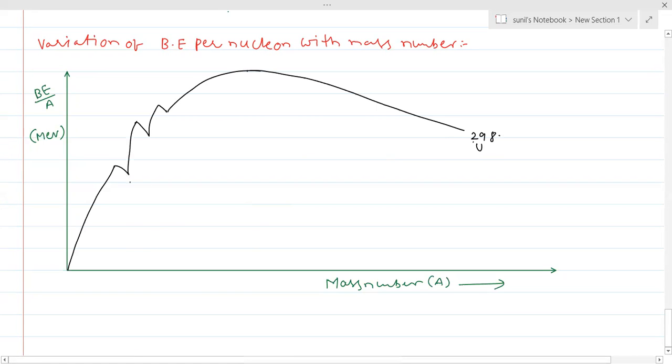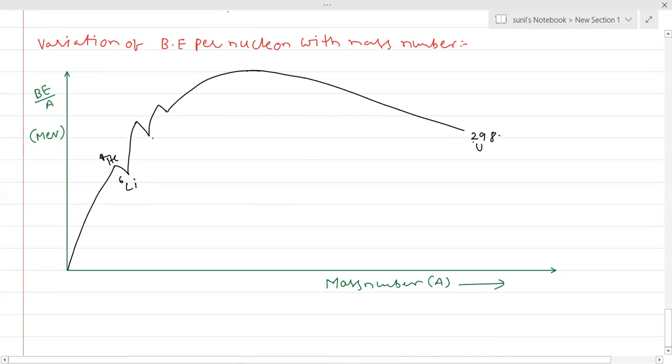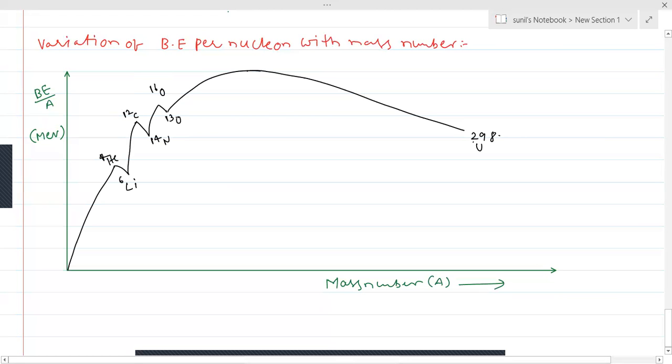Here I am marking lithium-6, and this is the position for helium-4. And this is nitrogen-14, this is carbon-12, oxygen-16, and oxygen-13, and iron-56.